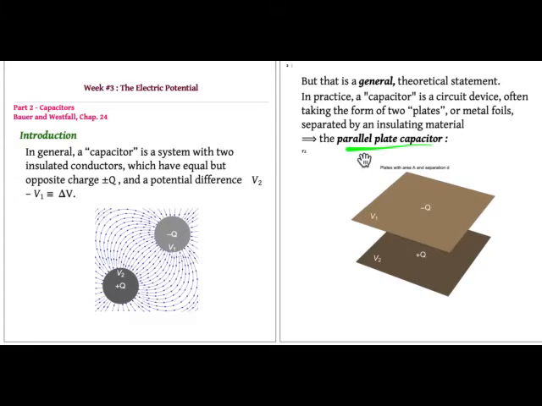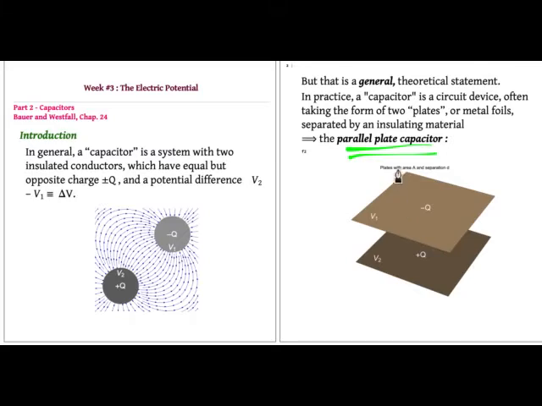That would also be considered a parallel plate capacitor. So it's not necessarily a solid plate, could be a metal foil. And a lot of the problems will involve exactly this kind of capacitor.